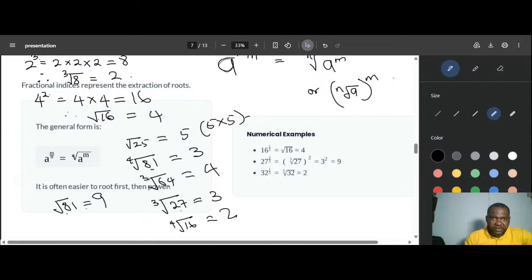Let me see if I can. I know that most calculators have square roots, but not all have cube roots and the likes. Okay. I don't know which one it is, but I want to show you what a scientific calculator should have. I want to share my screen.